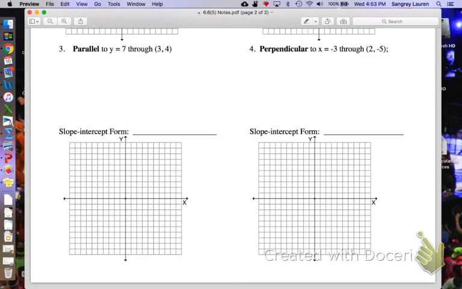Now, the last two are a little different. Number 3 needs to be parallel. So we know we need the same slope. But let's think about this for a second.